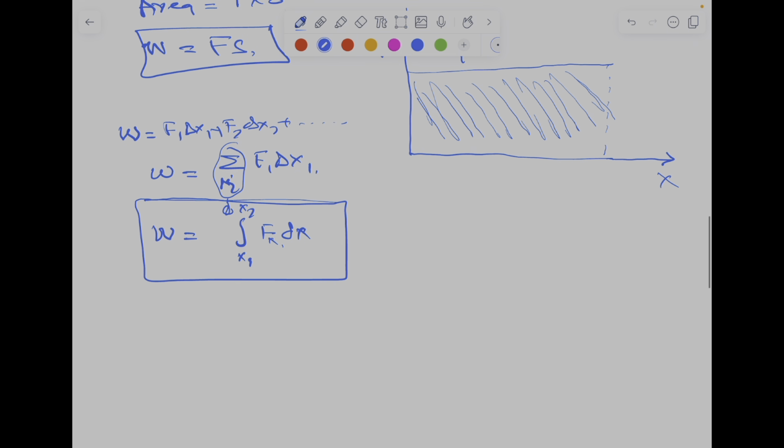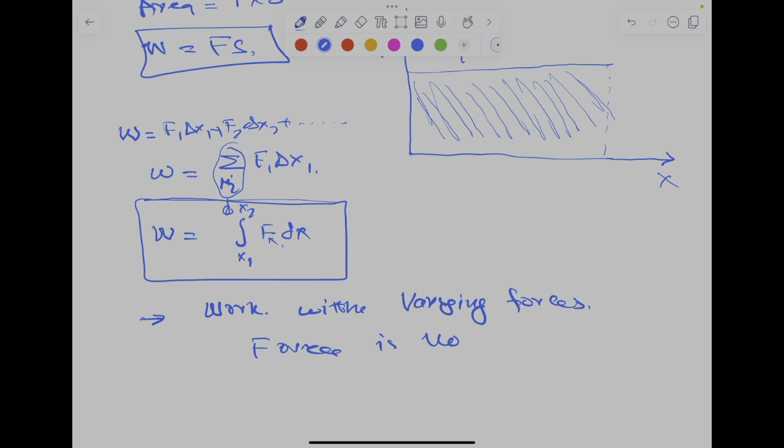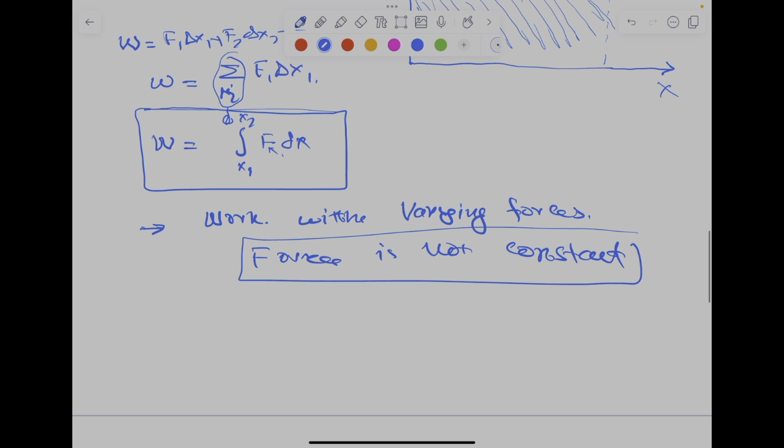So we can have work with varying forces, meaning the force is not constant. So when the force is not constant, how do we find the work?